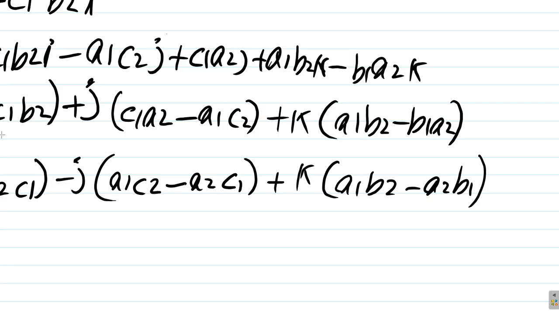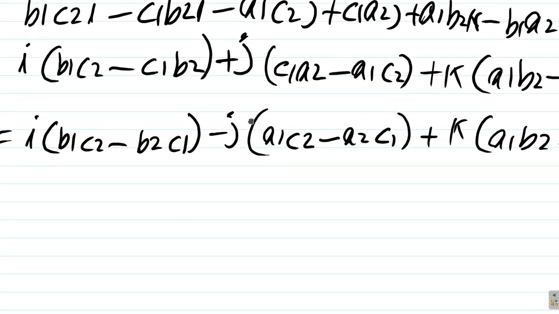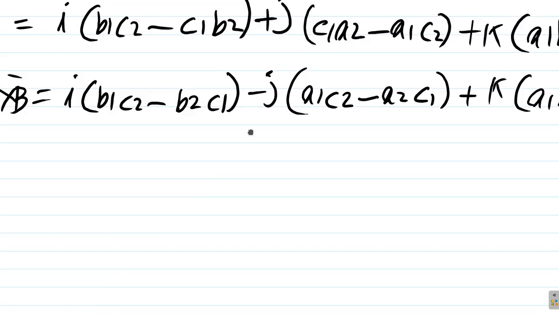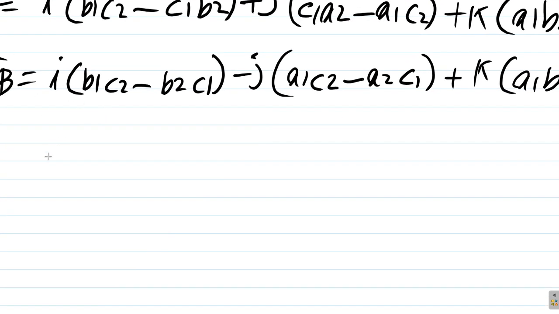Now, you notice about this thing here. Well, we have a plus minus plus. This is an I, but guess what? If we make a little determinant here, what we would have is B1 times B2, but times C2 here.